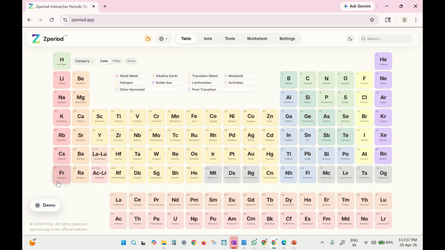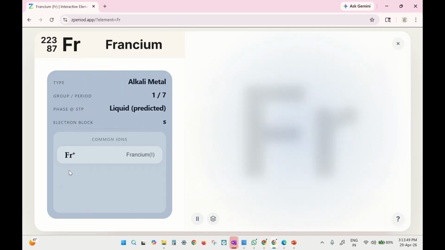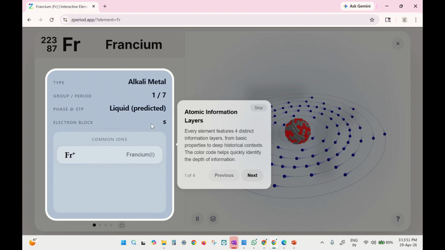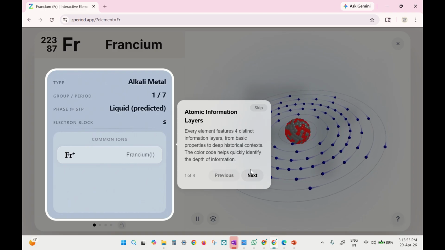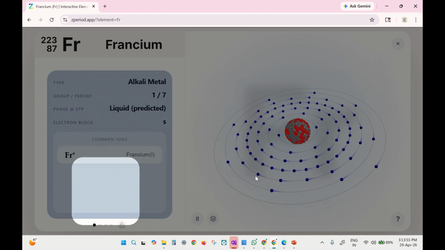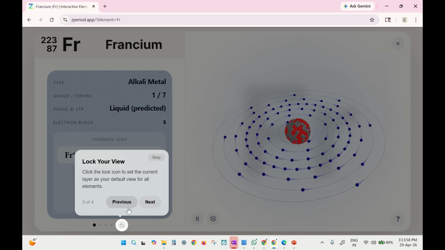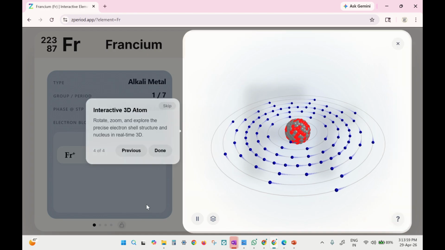Say francium, we will be able to write the electronic configuration. Or any of the elements, we will be able to write the electronic configuration. Okay. So that way, look at this. When you click on it, there is some information. Even about this there is some information.